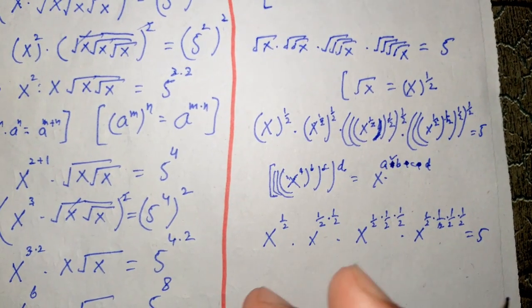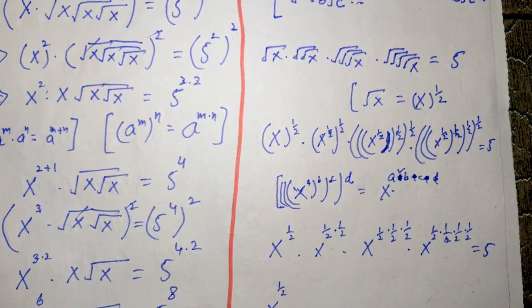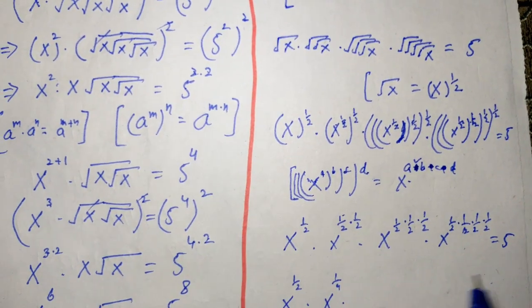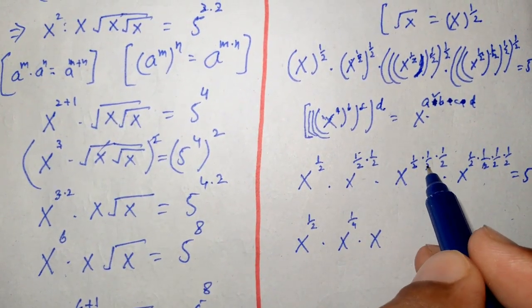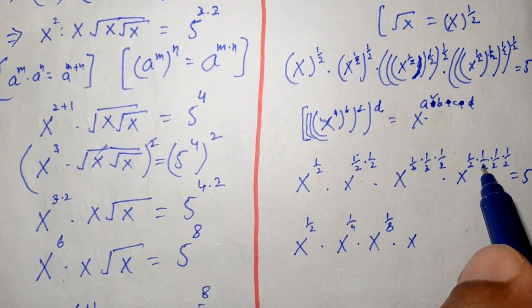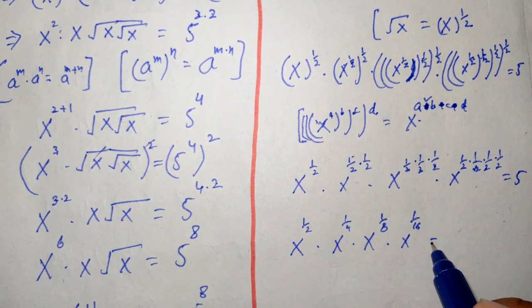Now we know that x to the power of 1 over 2 times x to the power of 1 over 4 times x to the power of, 2 2s are 4, 4 2s are 8, 1 over 8 times x to the power of, 2 2s are 4, 4 2s are 8, 8 2s are 16, 1 over 16 is equal to 5.